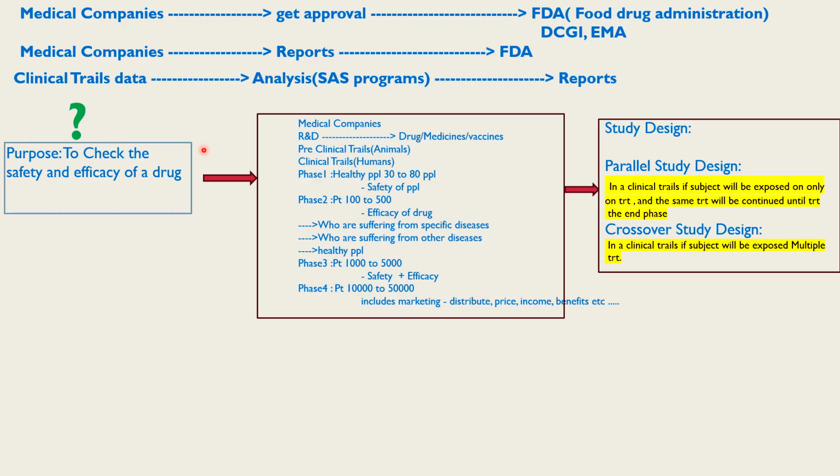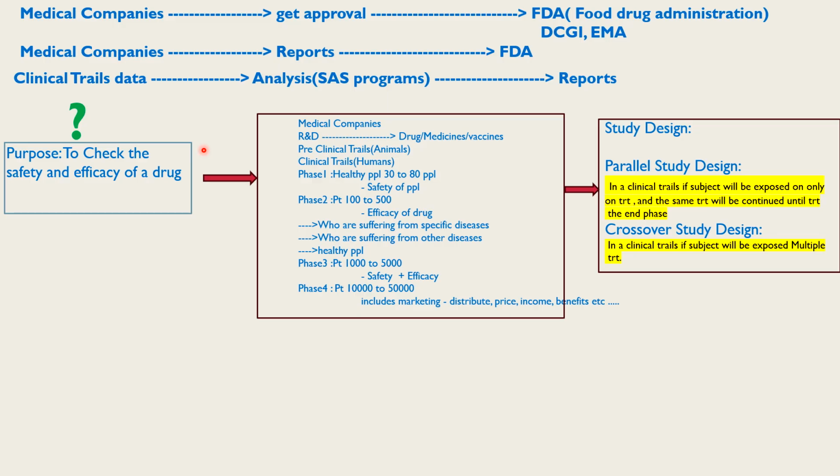To check the safety and efficacy of the drug, once the R&D people prepare the drug or medicine or vaccine, first they will do preclinical trials on animals. Once preclinical trials are completed, they will do the 4 phases: phase 1, phase 2, phase 3, and phase 4. In phase 1 they will test a minimum number of people to check safety.